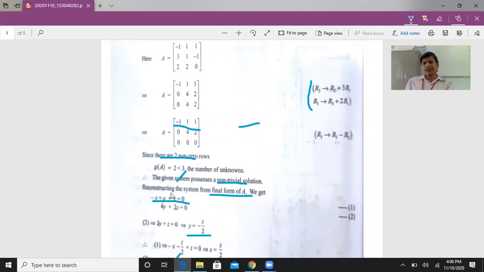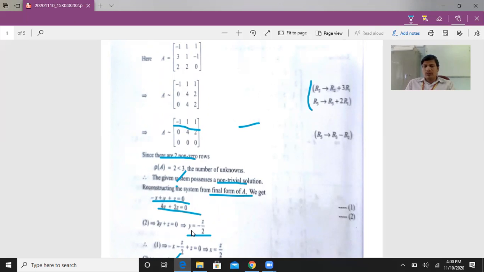After that, reconstructing the system. To reconstruct the system, we take the equations. First row is minus x plus y plus z is equal to 0. Second is 0x plus 4y plus 2z equal to 0. I take the first and second equations. The second equation, 4y plus 2z equal to 0, with 2 common, is 2y plus z is equal to 0.